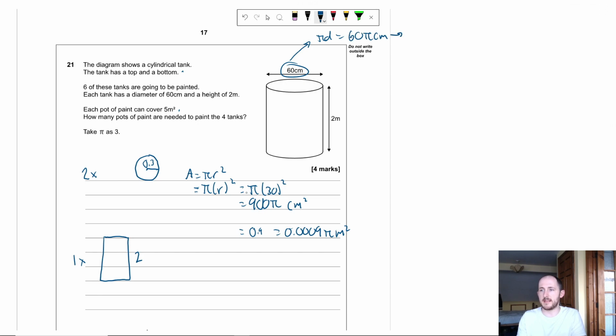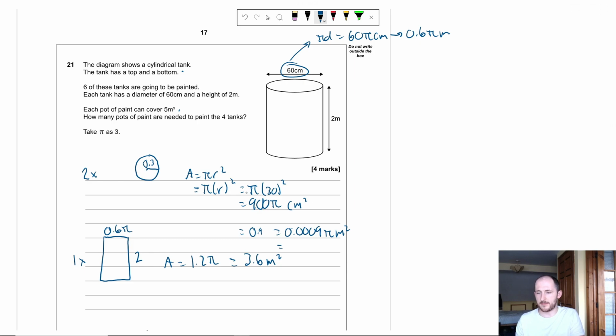But remember, we want it in meters, so we have 0.6 pi meters. And the area of that is just going to be 1.2 pi. Now, since we know that pi is 3, we can times these both by 3. So 1.2 times 3 is 3.6 square meters.